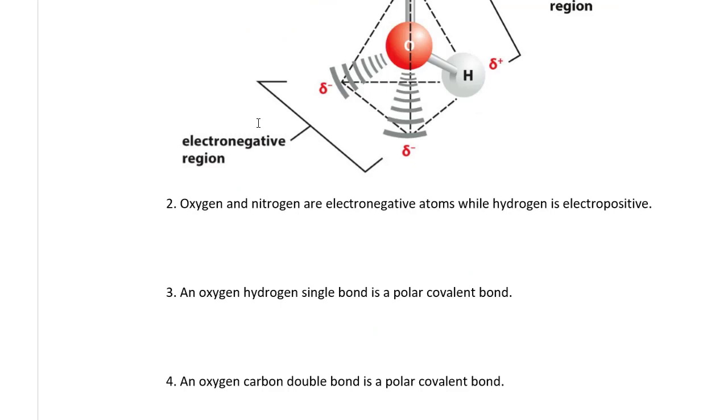So an oxygen-hydrogen single bond is a polar covalent bond. That means that when you have this covalent bond formed between an electronegative atom and an electropositive atom, the covalent bond is going to be a polar covalent bond because the electrons in that bond are spending more time around the electronegative atom, in this case oxygen in the case of water.